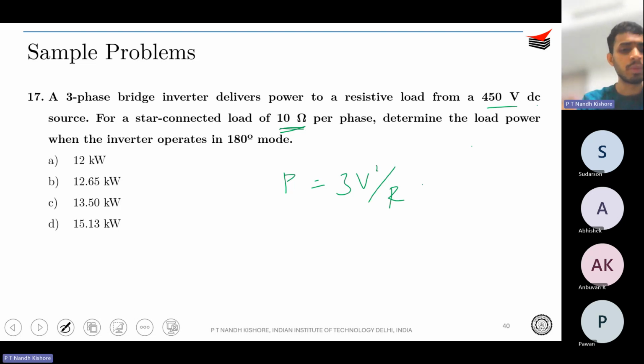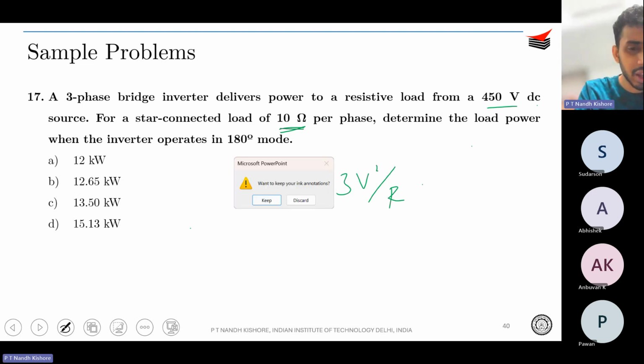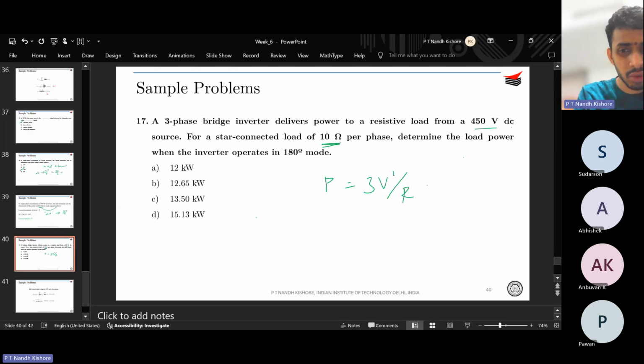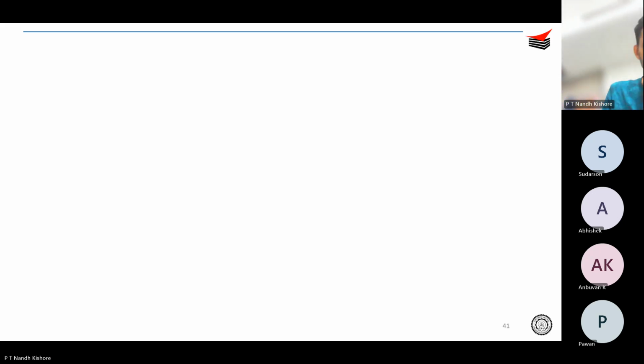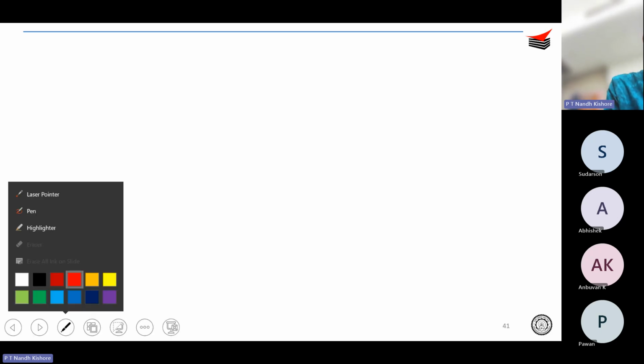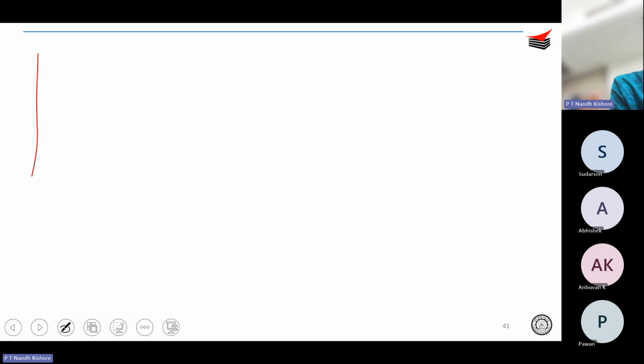Okay. So someone was asking previously also how do we calculate, right? Sorry, we'll just do that once. As we saw earlier, in a three-phase inverter, your line to line voltage is given as something like this.